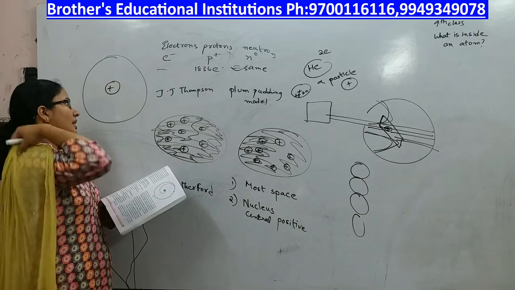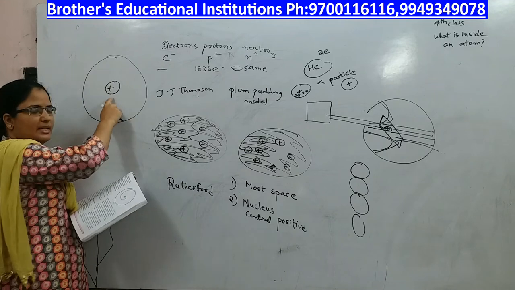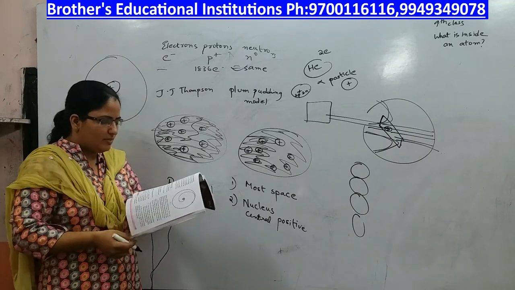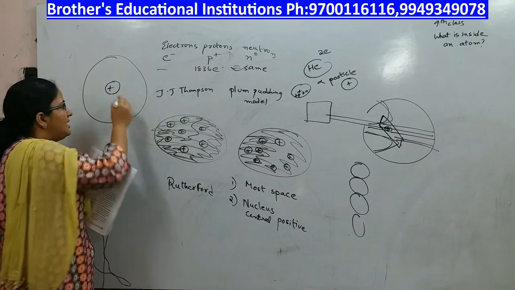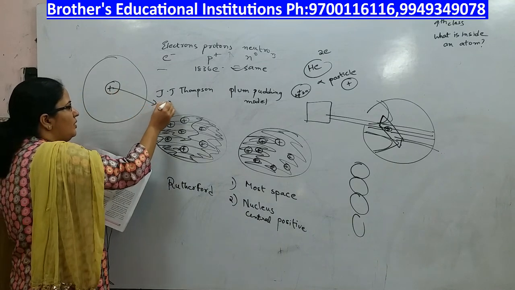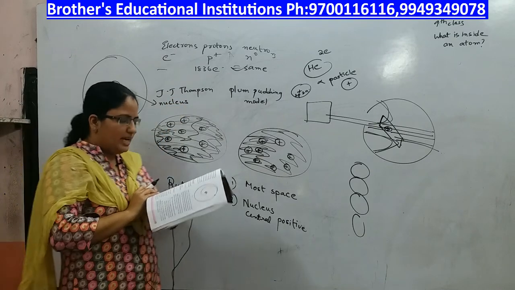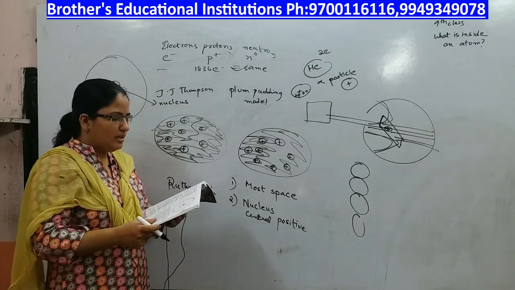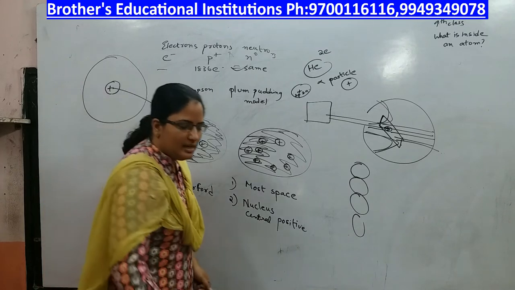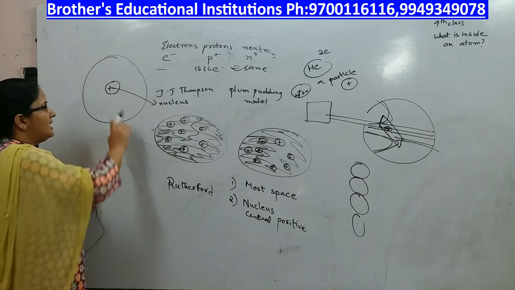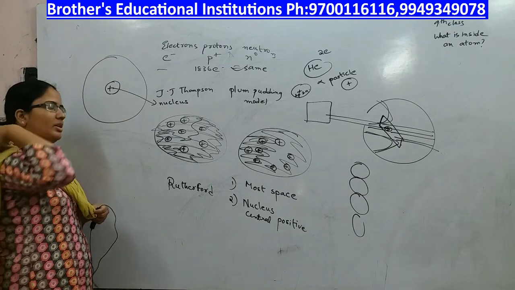All positive charges in an atom form a dense small center called the nucleus. He said that all positive charges are concentrated at the center, and the center part is called the nucleus.